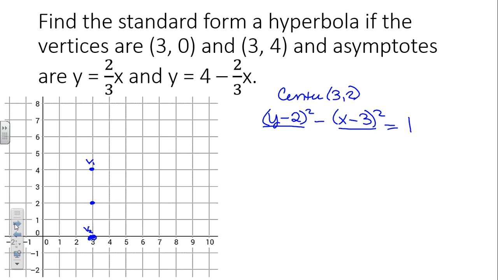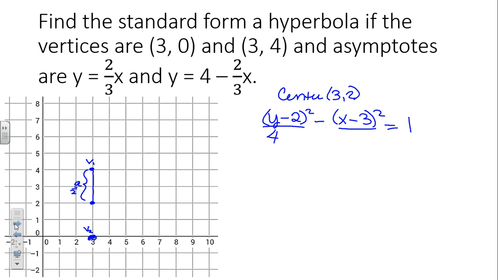We know a is how far? 2. So our a squared will be 4. And since a is 2, what do you think b has to be? 3.